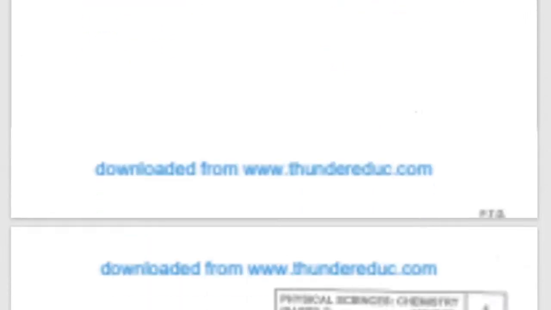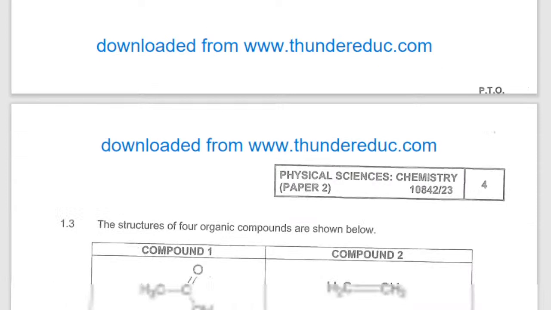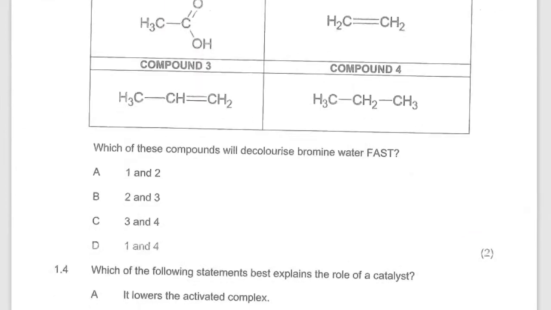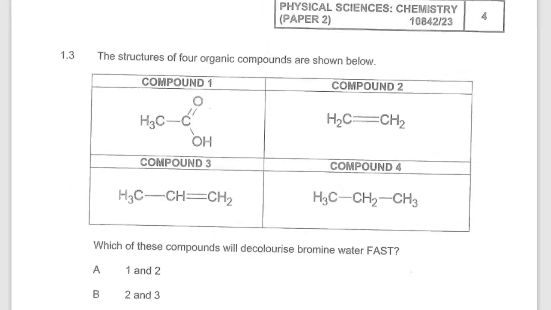Then we go to the next question. They're saying that the structures of organic compounds are shown below. Which compound will decolorize bromine water?